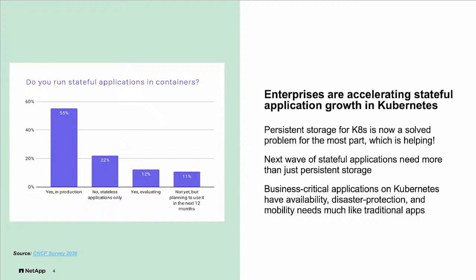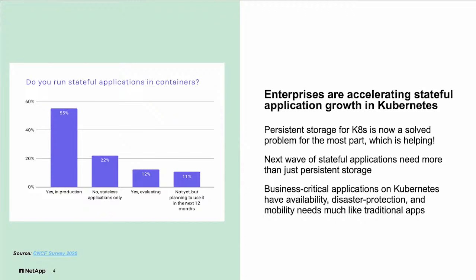I started on this Kubernetes journey myself at Red Hat, but the next wave of stateful applications on Kubernetes actually needs more than just persistent storage, and these are business critical applications. They need to be highly available. They need to be protected from disaster, and they have mobility needs.